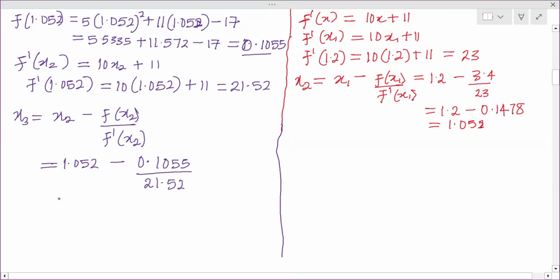When you do that, you're going to have 1.052 minus 0.00049. So press your calculator. Your final answer should be 1.047. If you approximate to three significant figures, you have 1.05.